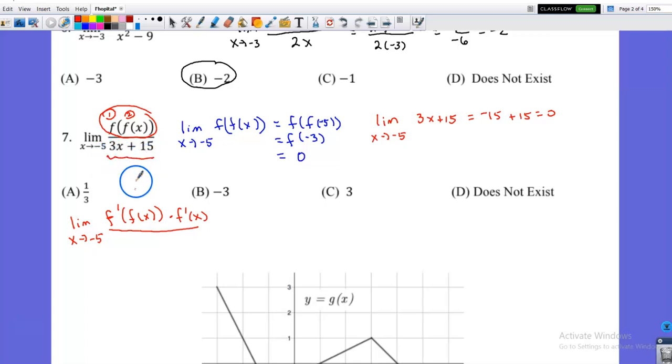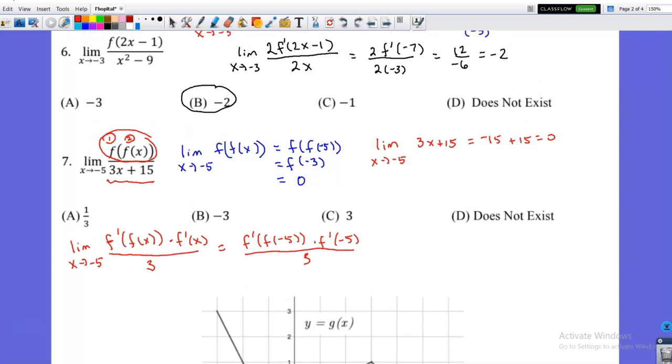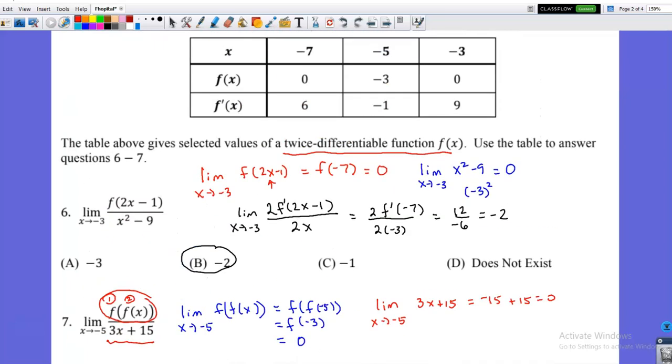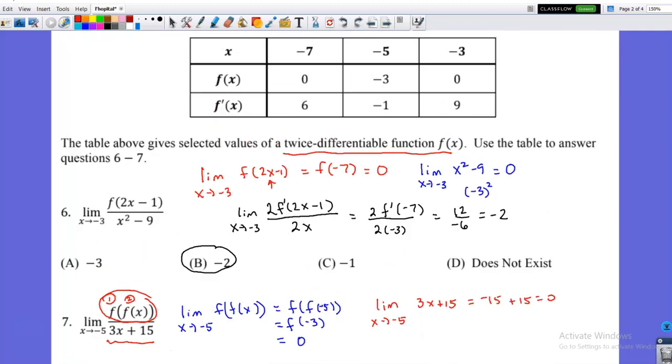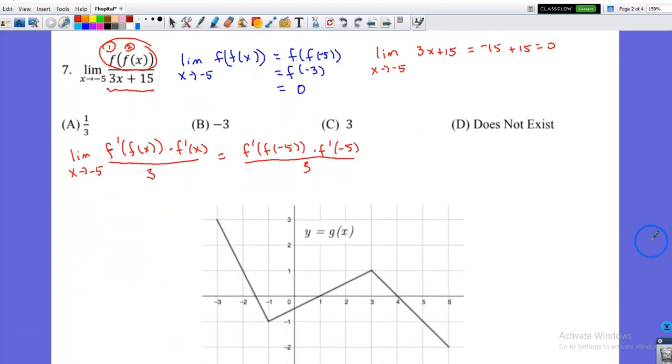The derivative of the denominator is just 3. So that gives me f prime of f of -5 times f prime of -5, all over 3. I believe f of -5 is -3. F prime, go slow, of negative 3 is 9.